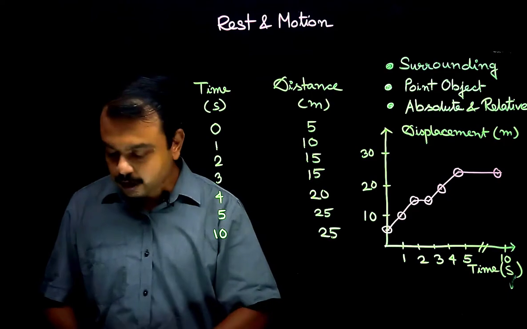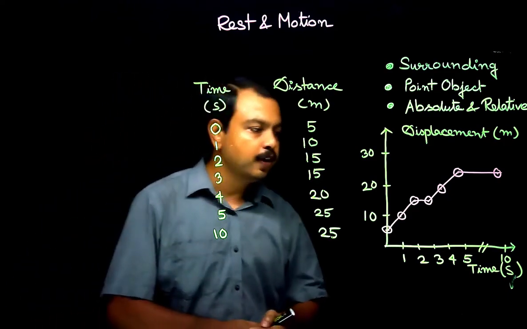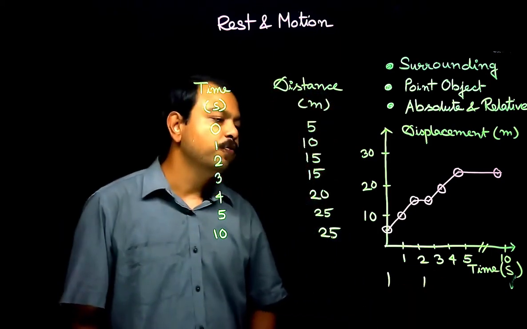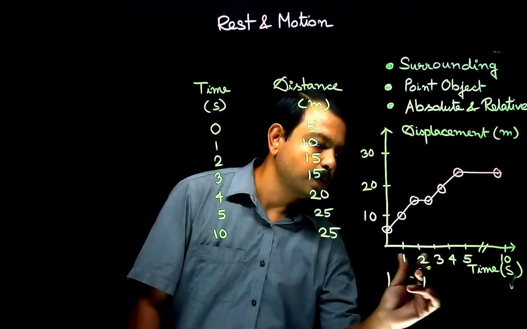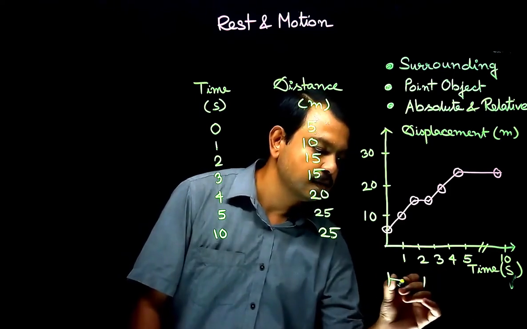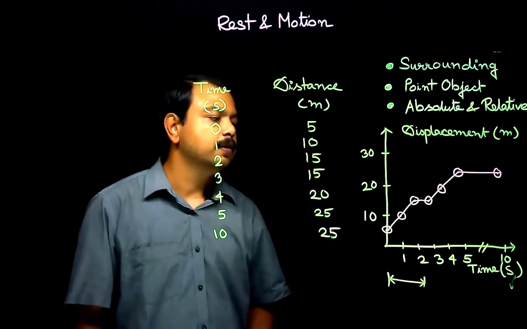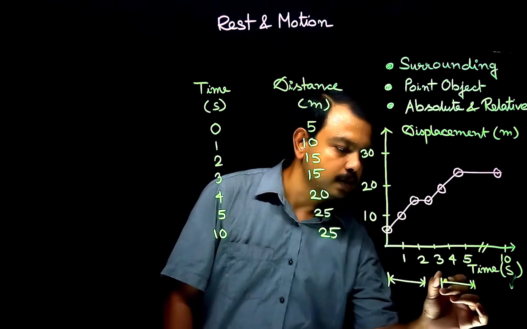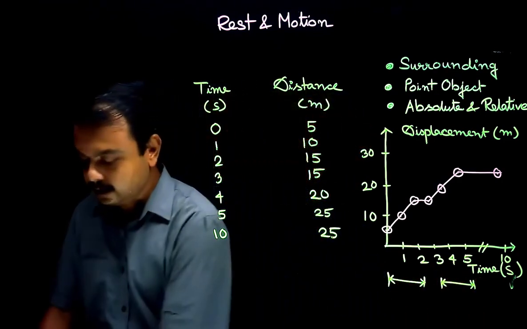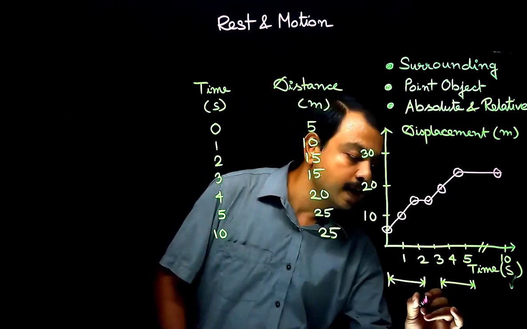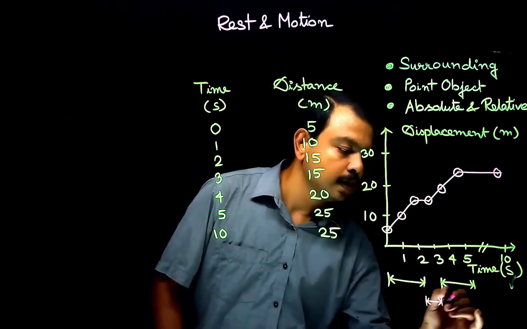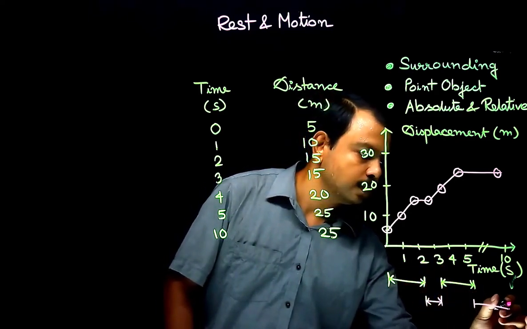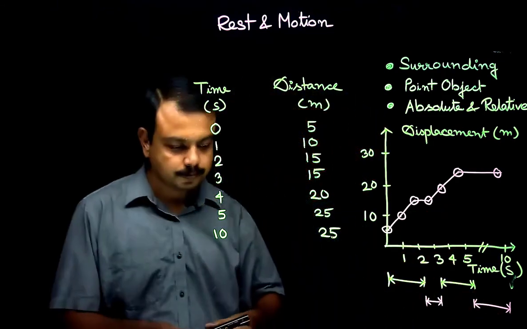From this curve, what can we infer? We can infer clearly that the object was moving from 0 to 2 seconds, and then again it started to move between 3 to 5 seconds, whereas the object was at rest between 2 to 3 seconds and from 5 to 10 seconds.